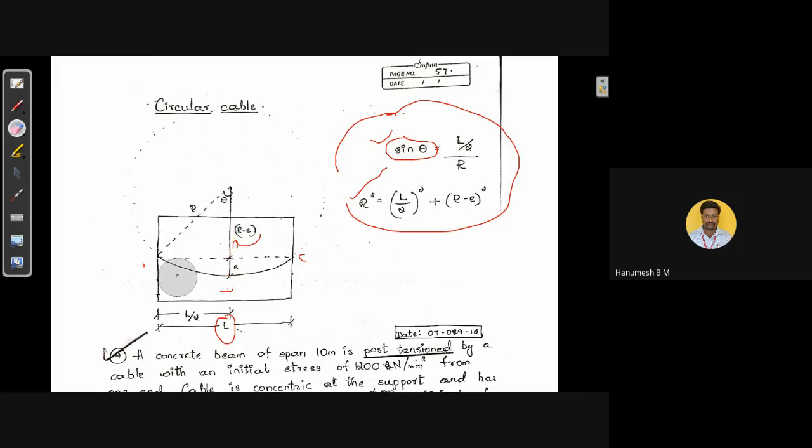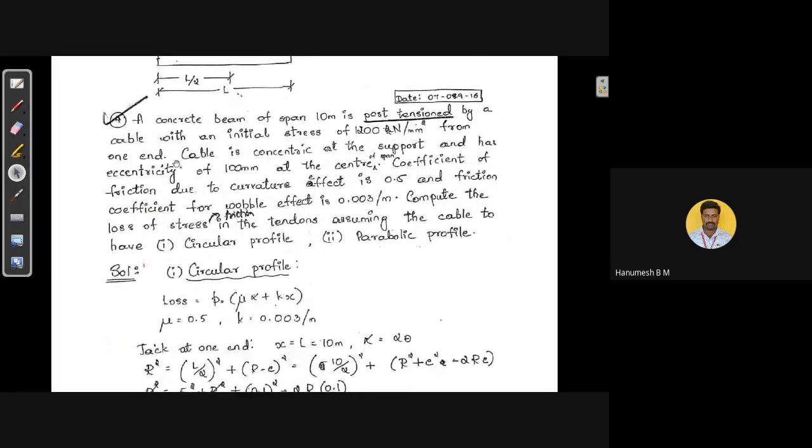With these basic concepts, we shall solve some problems related to friction and anchorage slip. I shall take up the problem. A concrete beam of span 10 meter is post-tensioned by a cable with a stress of 1200 Newton per mm square from one end.